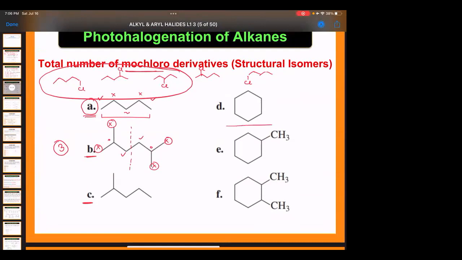D cyclohexane. Yeah. So there are 6 carbon atoms. Are all of them different or same? Just tell me.